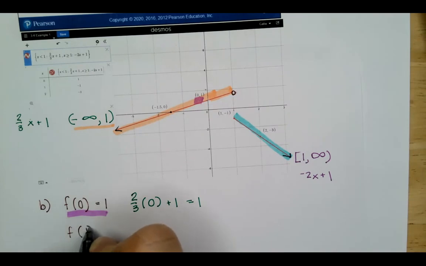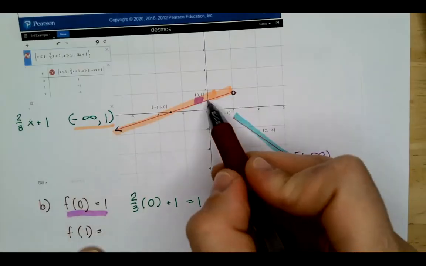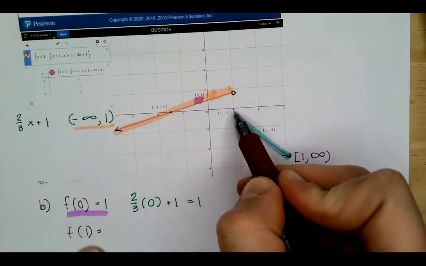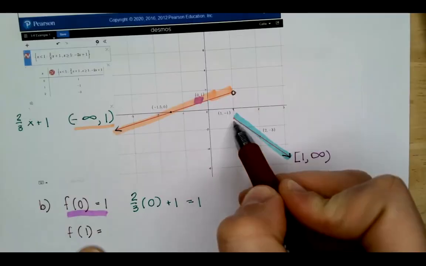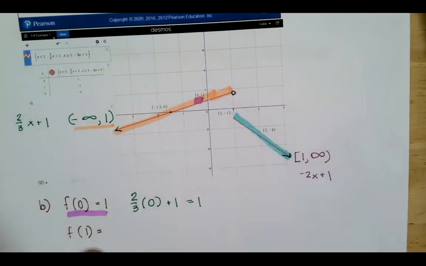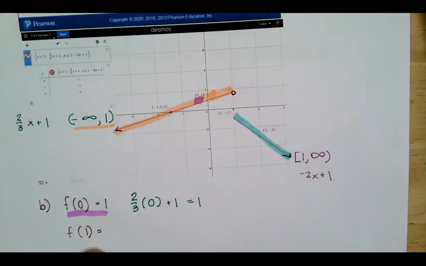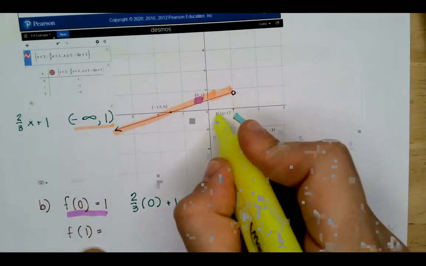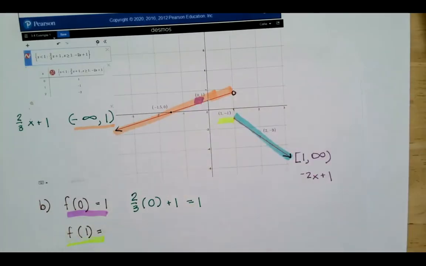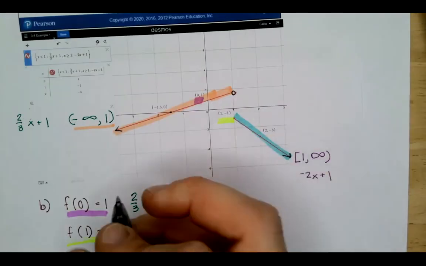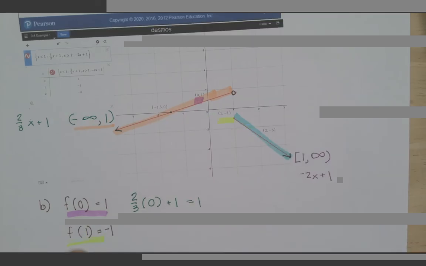f of 1, when x equals 1, y equals -1. Good. When my x is 1, my y should be -1.